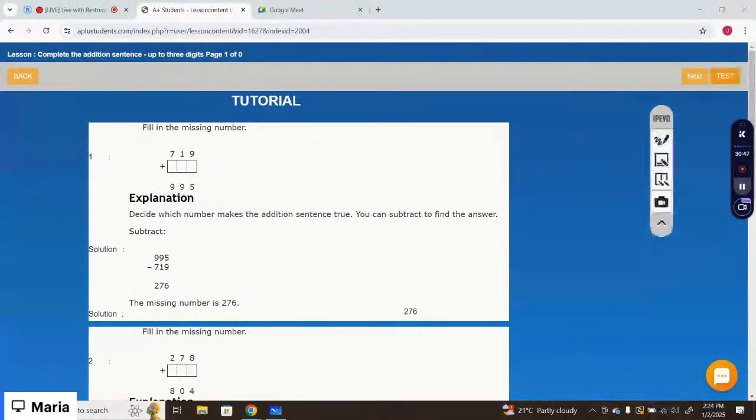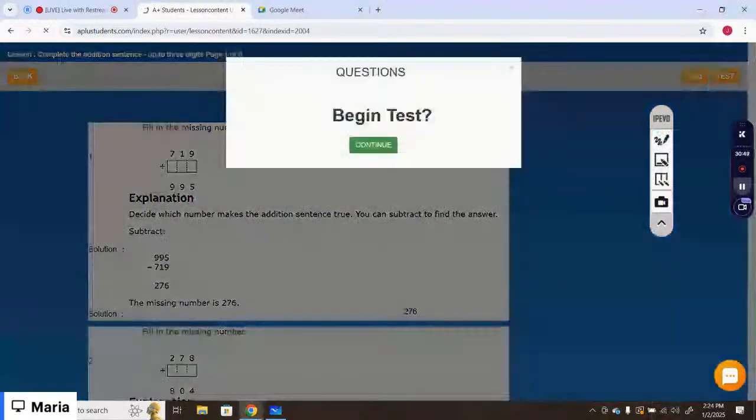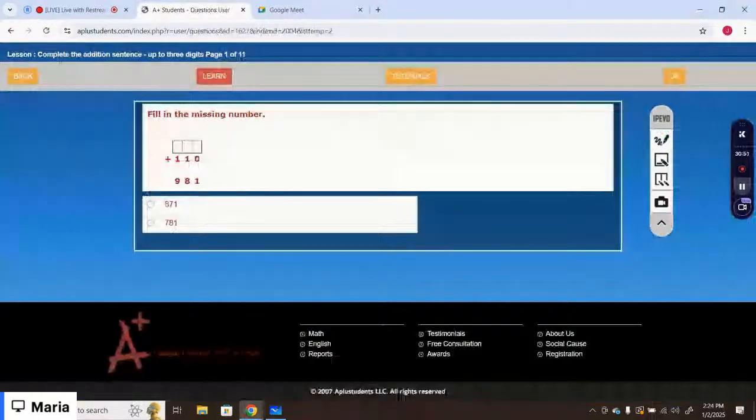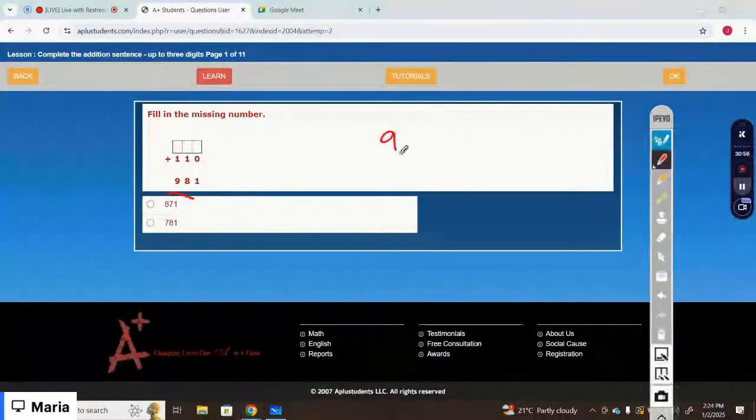Let's just start with the test questions. So you are given a missing number plus 110 and that equals 981. So you have to subtract the given number out of the sum to find the missing number. Here is the sum given and you have to subtract the given number, that is 110. 1 minus 0 is 1. 8 minus 1 is 7 and 9 minus 1 is 8.